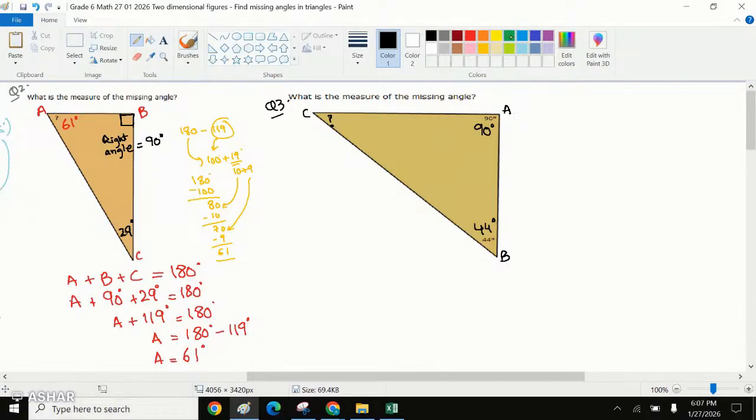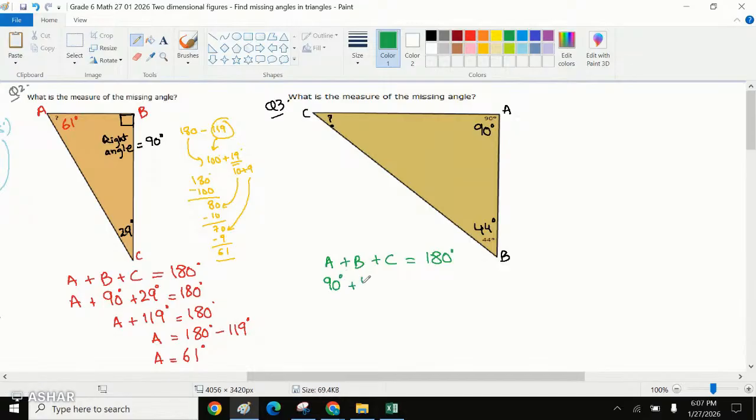So we know that A plus B plus C, the sum, means the total of this, should be 180. Do we know angle A? Yes, we know.